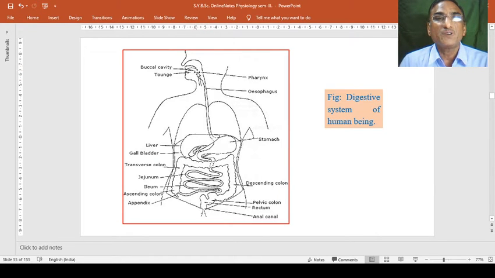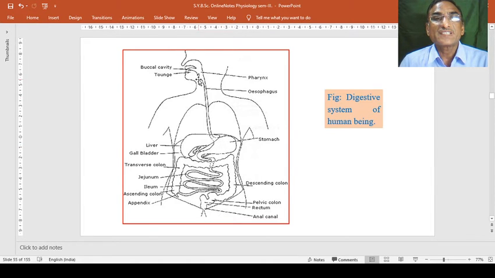In between the mouth and esophagus, there is a spacious chamber called the pharynx. The esophagus is a simple tube running from the pharynx to the stomach. Here a valve or sphincter is there, and here also a valve or sphincter is there. Two valves or sphincters keep the food material in the stomach for gastric digestive action.